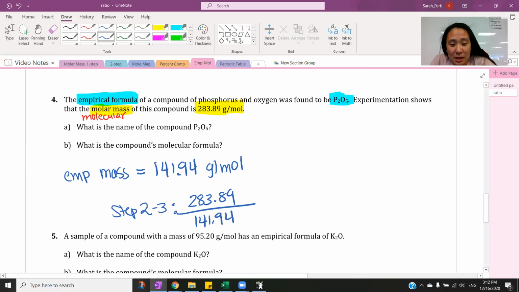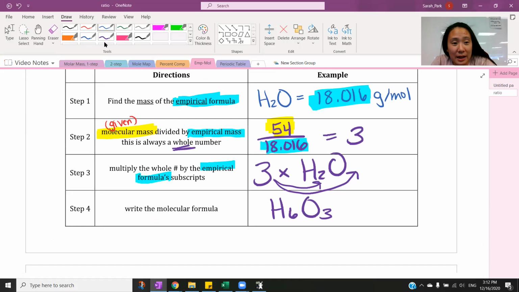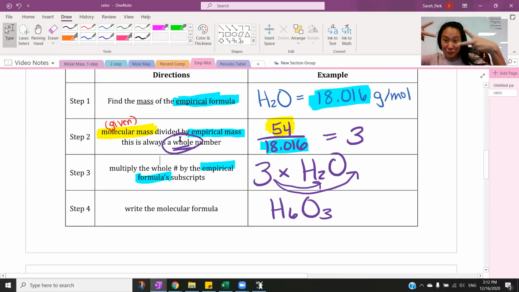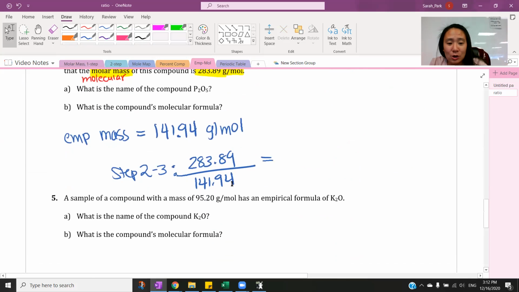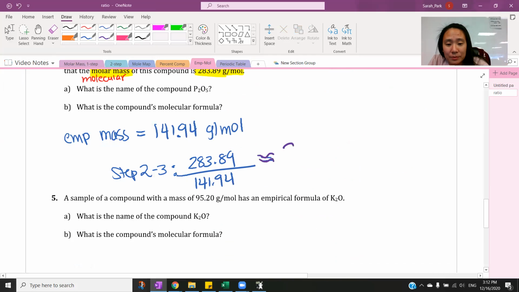So here, your whole goal is to get a whole number. That's what it says. If you get a fraction, then you probably flipped the fraction, right? So you do this on your calculator, you divide 283.89 by what you got earlier, and the whole number is very close to 2.